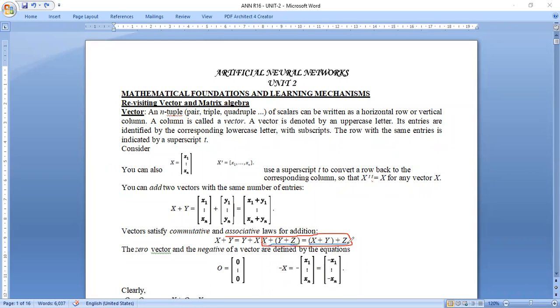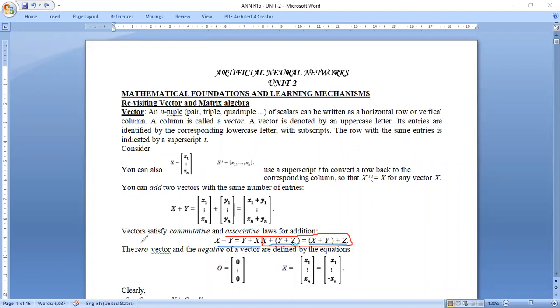You may write it like this also. The result of x plus (y plus z) equals (x plus y) plus z. This is the associative law. First one is the commutative law, second one is the associative law. Commutative law means x plus y equals y plus x. Second one is the associative law, this one, right?